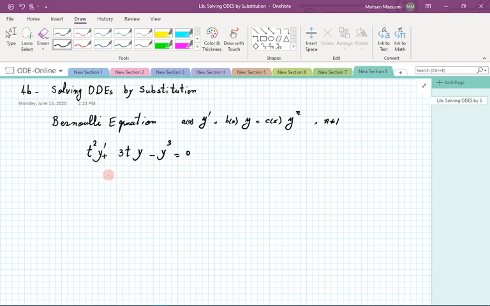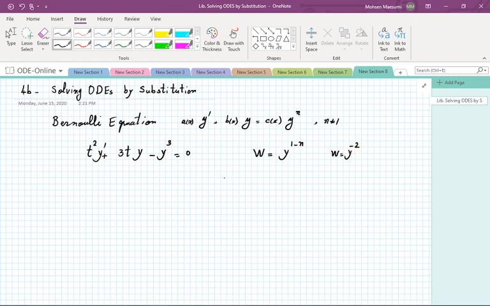So as we said last time, the substitution to be used for this type of problems is y to power of 1 minus that exponent. So in our example, substitution is y to power of minus 2, because 1 minus 3 will be minus 2.